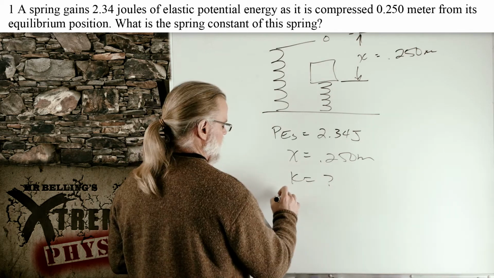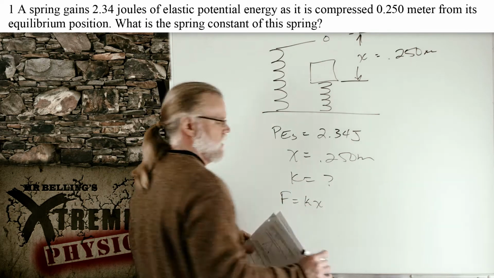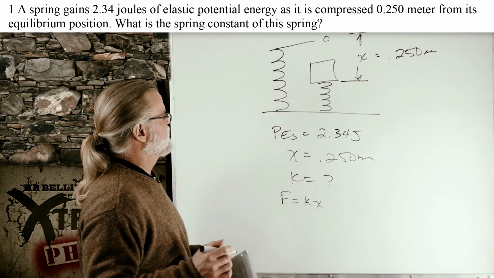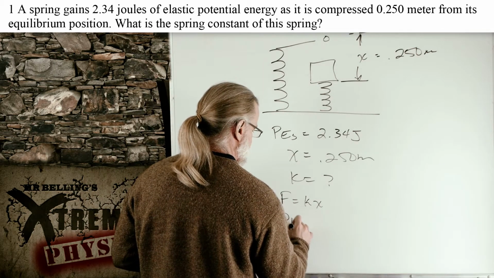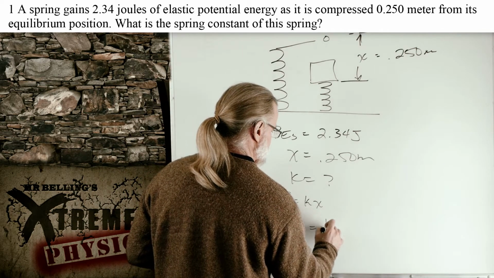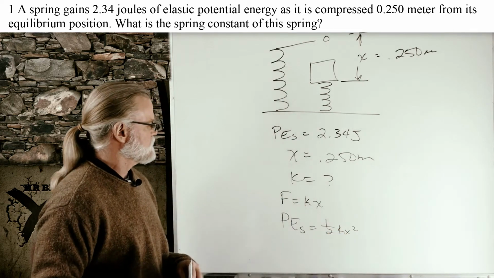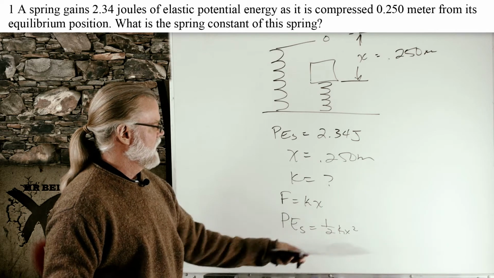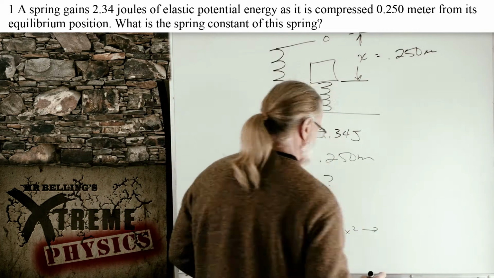All right, well, we could try Hooke's law, F equals Kx, but we can't use that because we don't know what F is, all right? So we could say, well, the potential energy in the spring equals 1/2 Kx squared. Well, we know the potential energy and we know x, so we could calculate K.